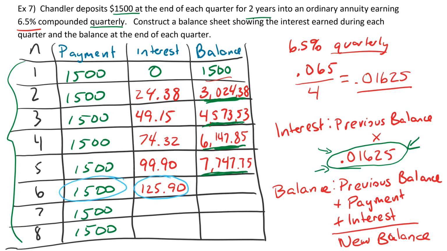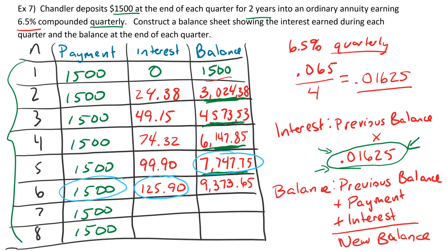Add up these 3, and when you add those up, you should have $9,373.65.